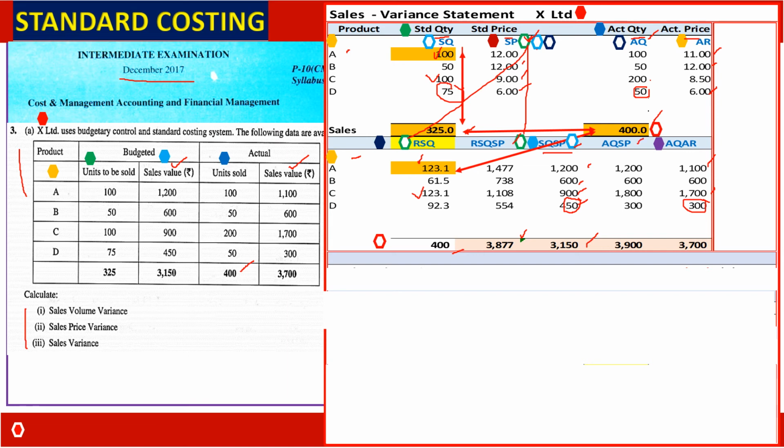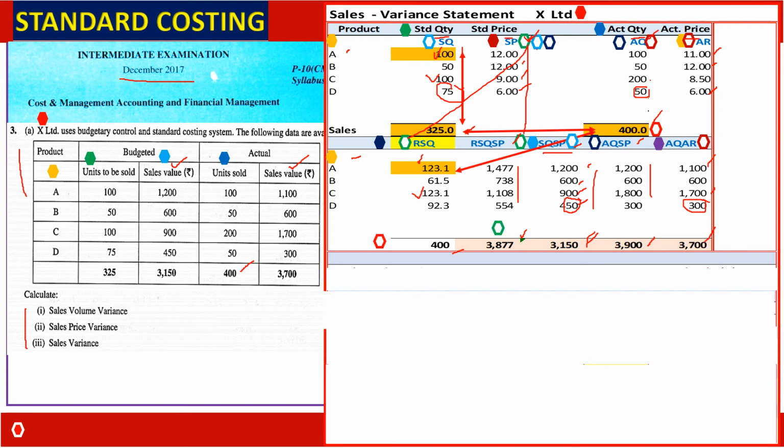SPAQ or AQSP as we write it. 12 into 100, 12 into 50, 9 into 200, 6 into 50. We have got these figures. Then the last step is fourth column, AQ into AR. We post the figures and we strike the totals of these columns: 3,150, 3,900, 3,700.